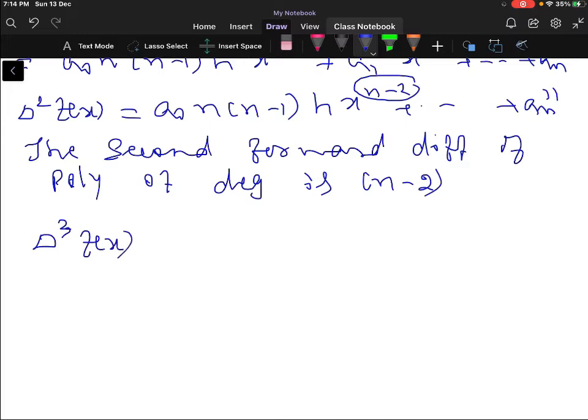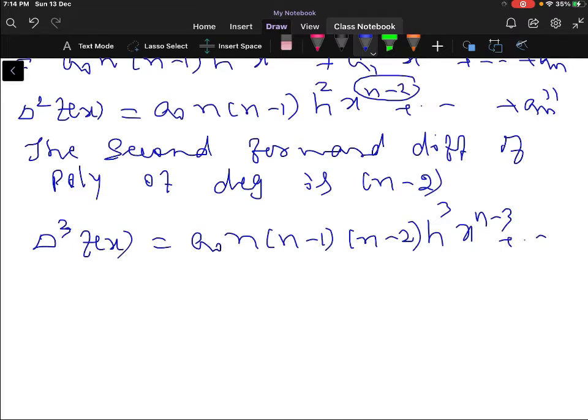delta cube f of x is nothing but a naught into n into n minus 1 into n minus 2 into h cube x to the power of n minus 3 plus and so on plus an triple dash. An triple dash is a constant.